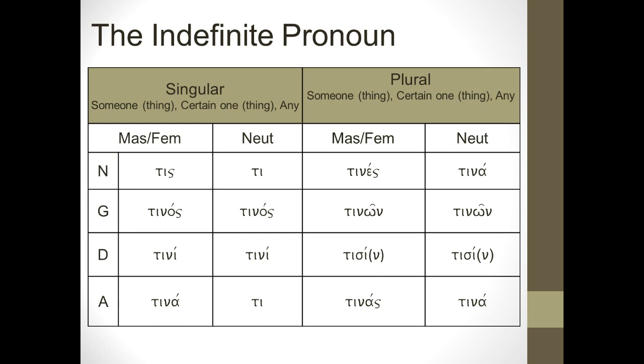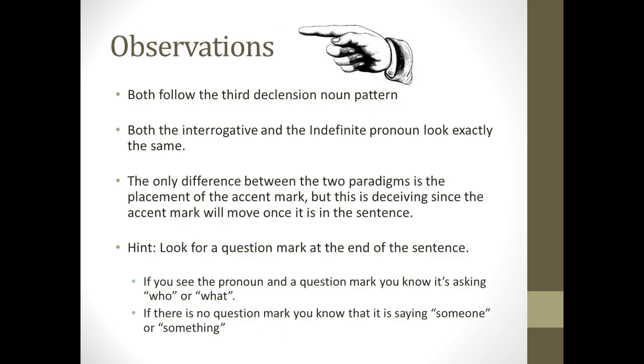And with those paradigms in mind, this is what we notice as we observe a few things. First of all, both of these paradigms are following the third declension noun pattern, which means, for instance, that our genitive is going to have the omicron sigma ending that we've already seen in the third declension.